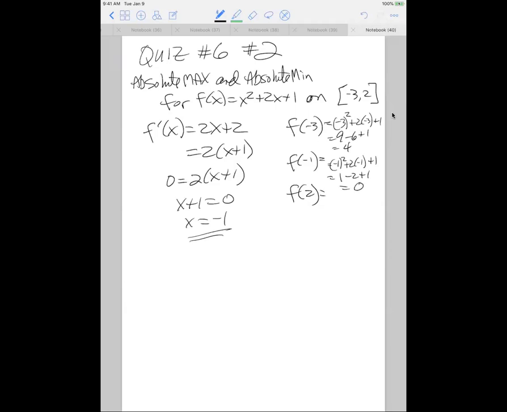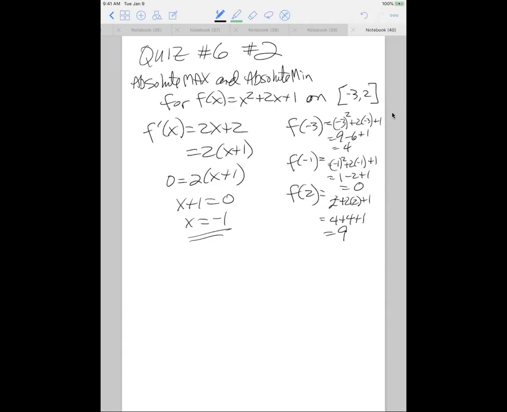And for the last one, f of 2, we've got 2 squared plus 2 times 2 plus 1. That ends up being 4 plus 4 plus 1 equals 9.